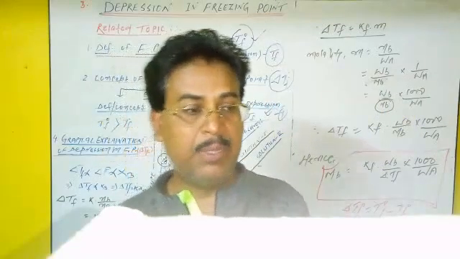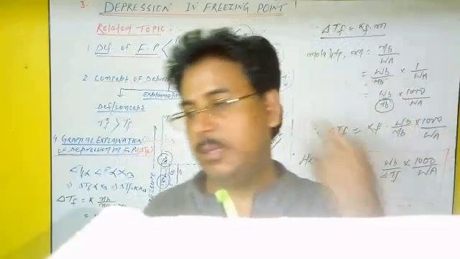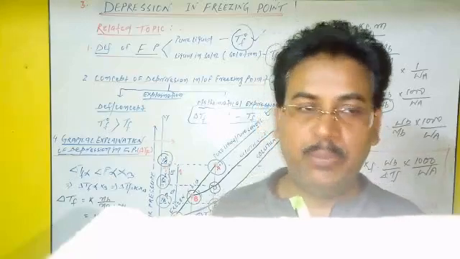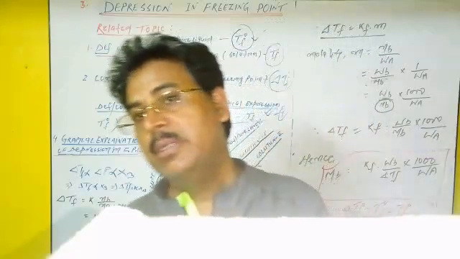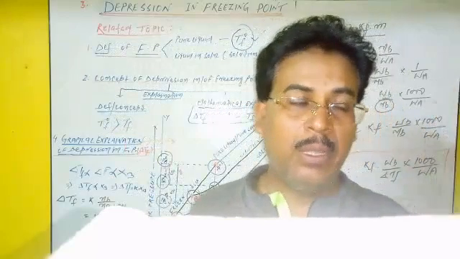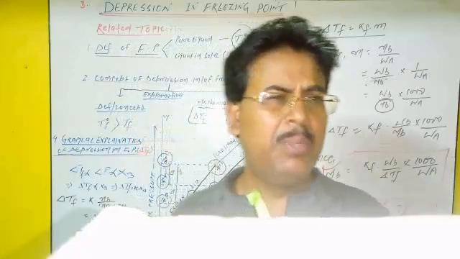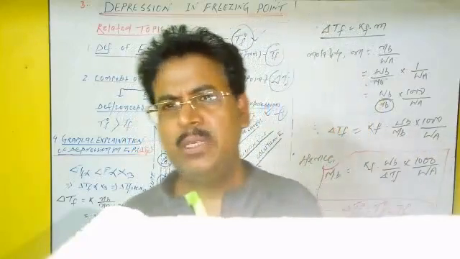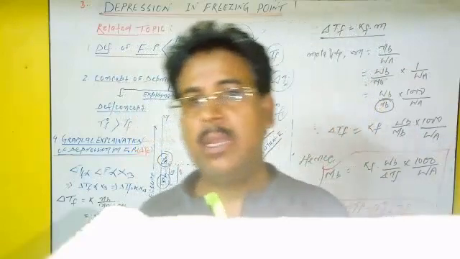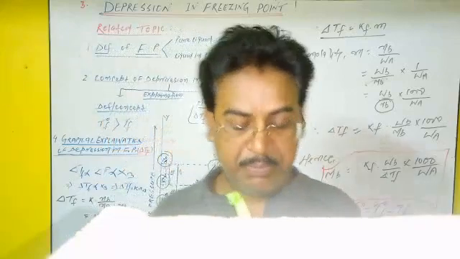So graphical representation is asked in board examinations in questions like this: explain the depression in freezing point through a level diagram in which a graph is plotted between vapor pressure against temperature. Very simply, explain depression in freezing point by graphical representation, or draw a level diagram which explains the depression in freezing point clearly.